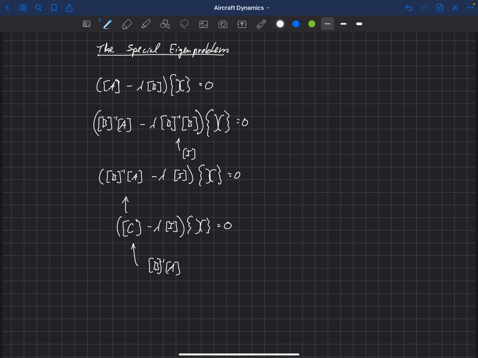Strictly speaking, a single matrix does not have eigenvalues, but it's really this system of equations that does. People will often say, what are the eigenvalues of that matrix? And what they mean is, if you plug that matrix into this system here, what eigenvalues and eigenvectors do you get out?